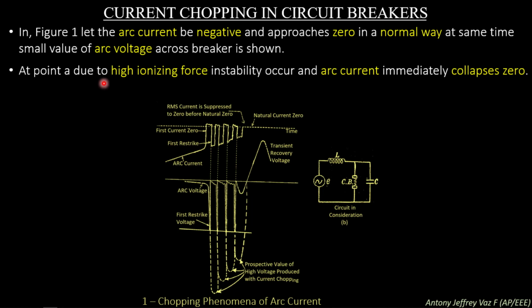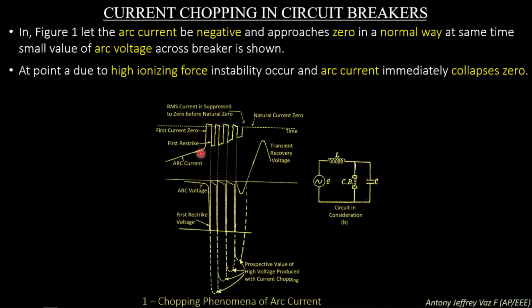At point A, due to high ionizing force, instability occurs and the R current immediately collapses to 0. You can see the R current is initially at a negative position and moving towards the 0 position.